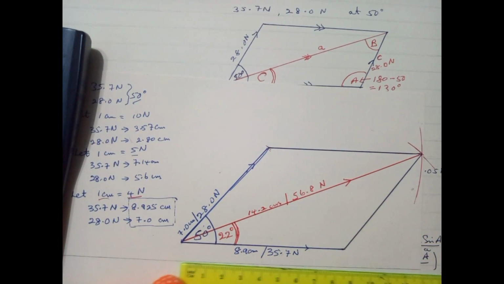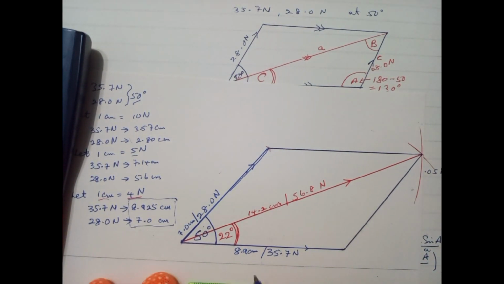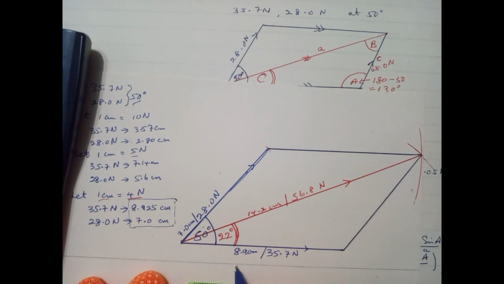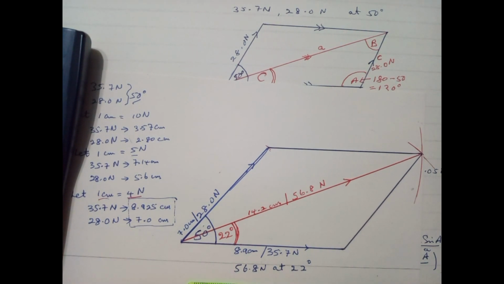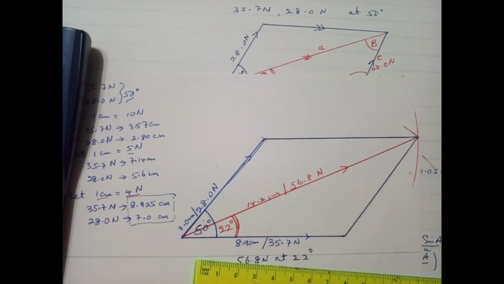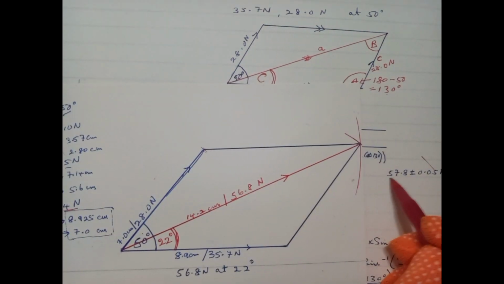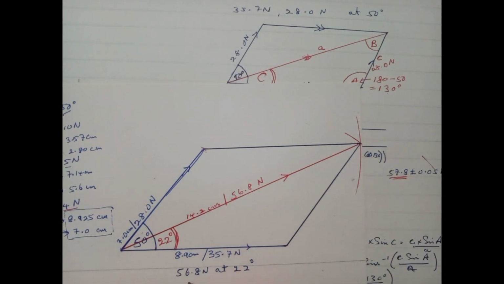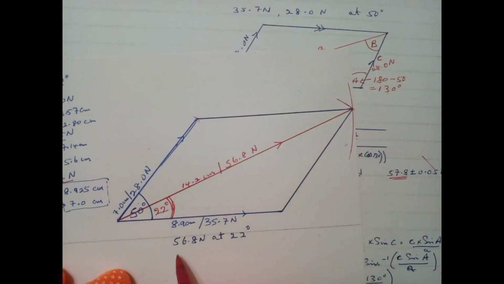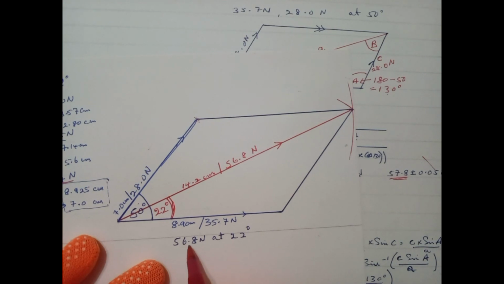So as we can see, our resultant from the drawing is, the magnitude is 56.8 newtons at 22 degrees. Let's compare that with what we got from calculation. This is the calculation. We got 57.8, and by scale drawing we have 56.8.